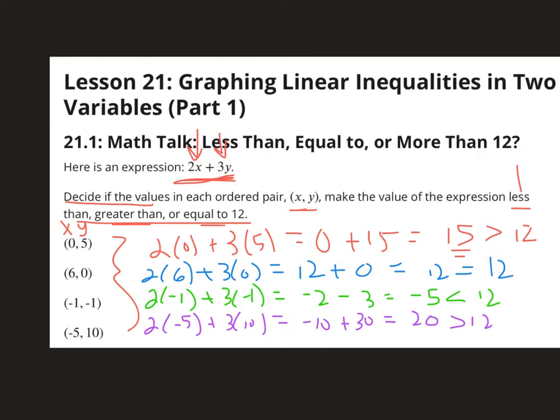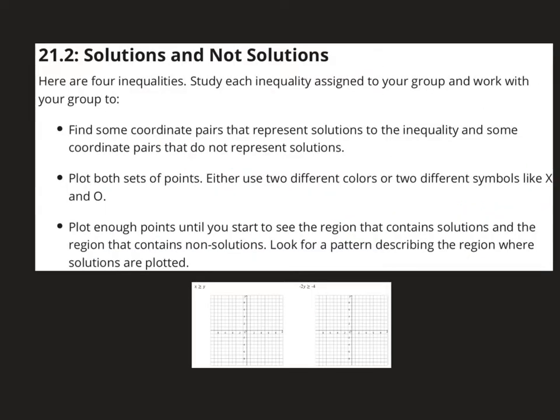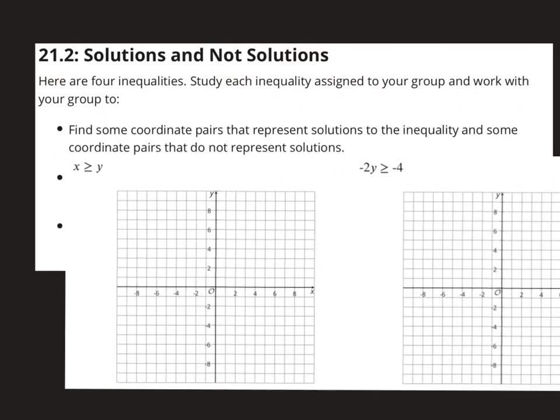Our next mission, should you choose to accept it, and you will choose to accept it, is to find some coordinate pairs that represent solutions to the inequality. So down here, there are some inequalities, like x is greater than or equal to y, and -2y is greater than or equal to 4, okay?